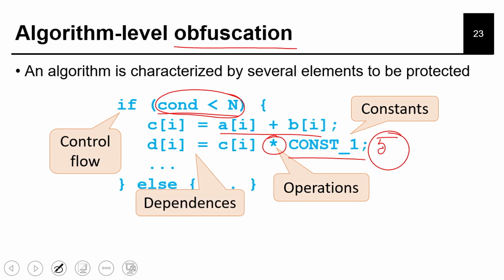And last but not least, the dependency, which is what I think you mean by the variable. So, your Ci is coming here, and this Ci, if I use Ei instead, that is the variable you are talking about. That is the dependency. Whether Ci is used here or Ei is used here, that information I can also hide.